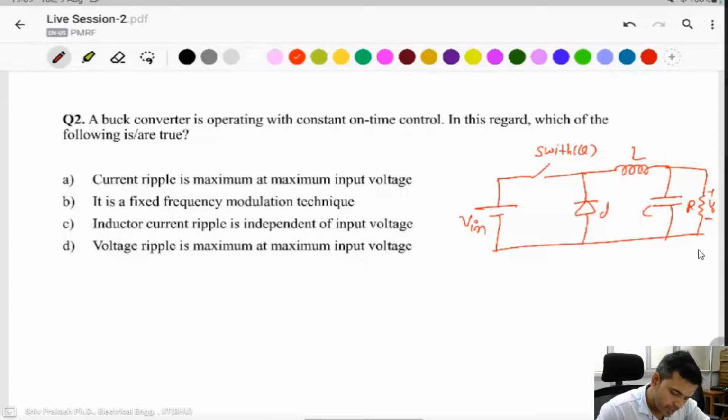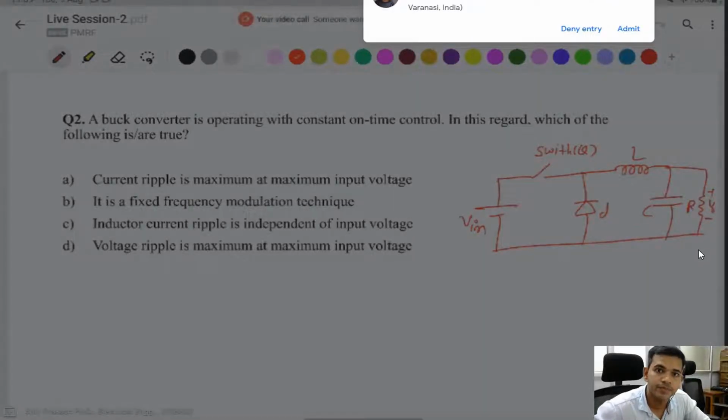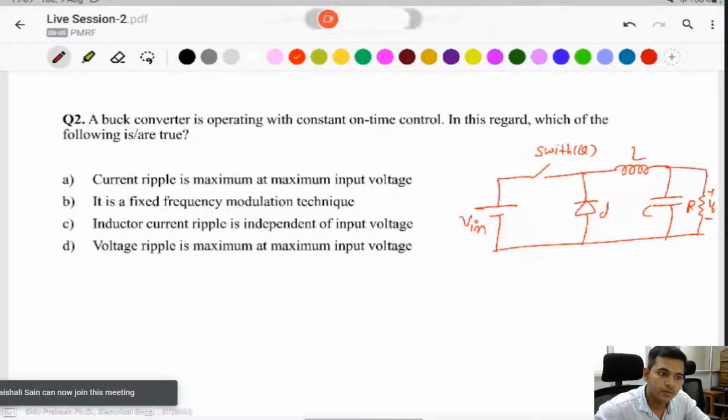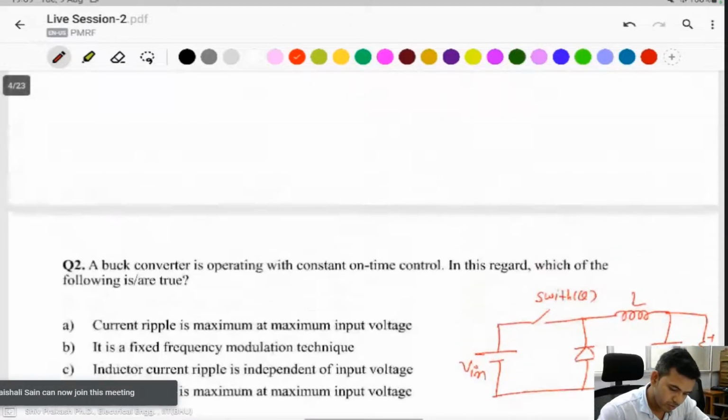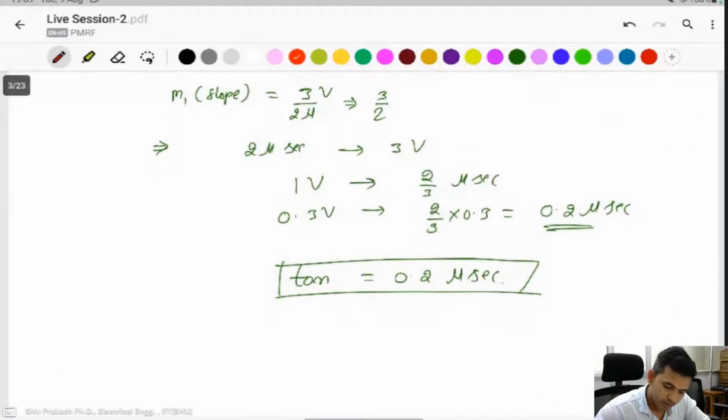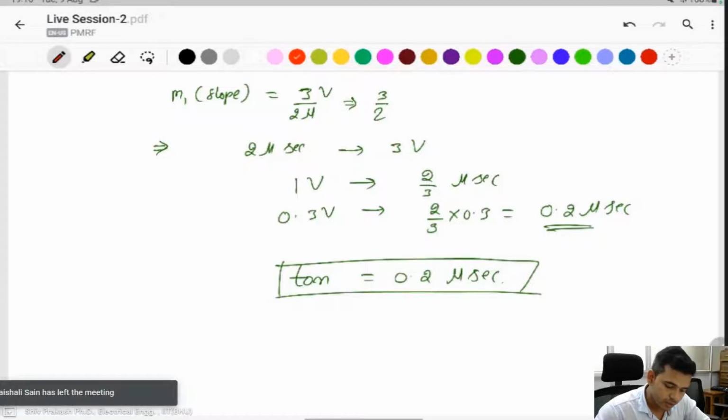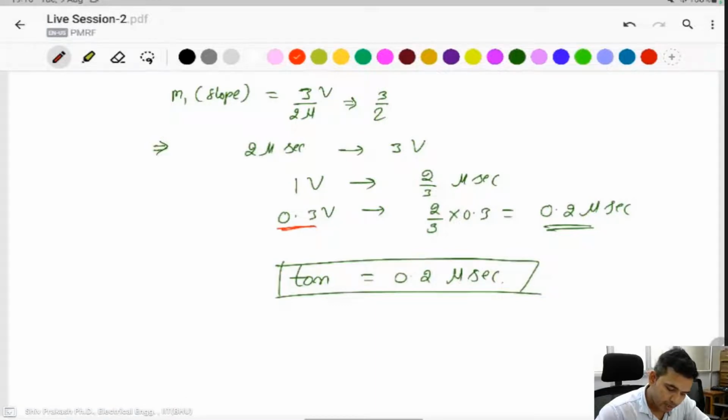The first option says the ripple current is maximum at maximum input voltage. It says that 2 microsecond goes to 3 volt, that's why 1 volt is 2/3 microsecond. Given that, what will be the time to reach 0.3 volt.